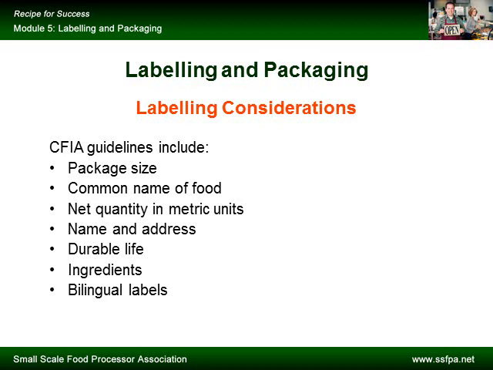If the product is regulated, it would have a common name, for example, mayonnaise or milk chocolate. If it is a product that is not regulated, then it goes by the name that the food is commonly known by, for example, chocolate cake or orange drink. Net quantity in metric units, name and address, durable life or shelf life, ingredients, and finally, bilingual labels.